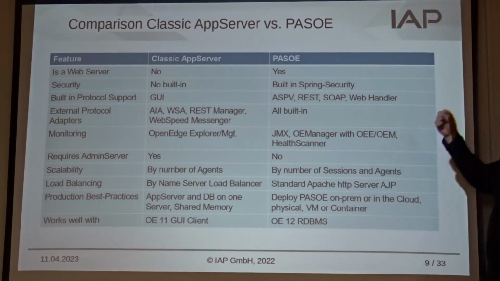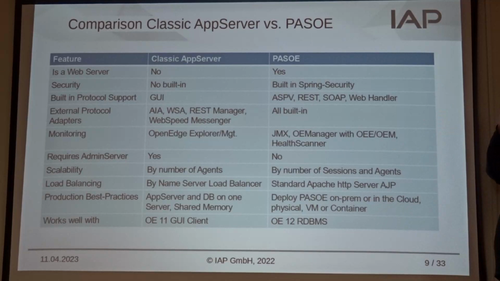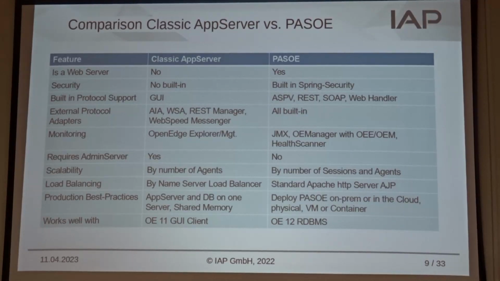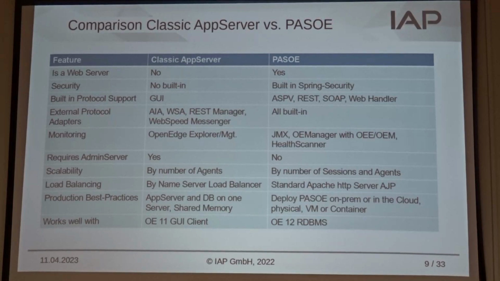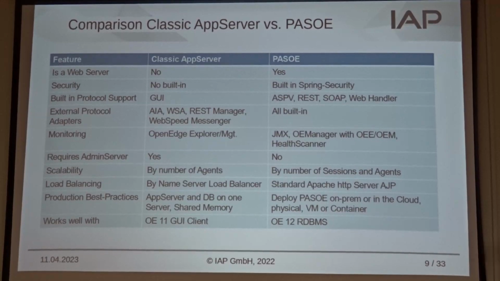What you can do with PASOE, I never did it, is deploy it like a typical app server, also on the server where your database is running, and also use shared memory. But you can also put it in a Docker container, for example, and deploy it via Docker. I think it's not possible with a normal app server.